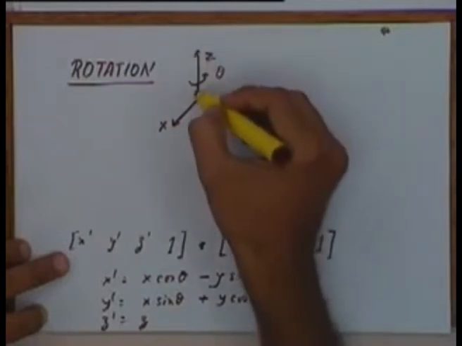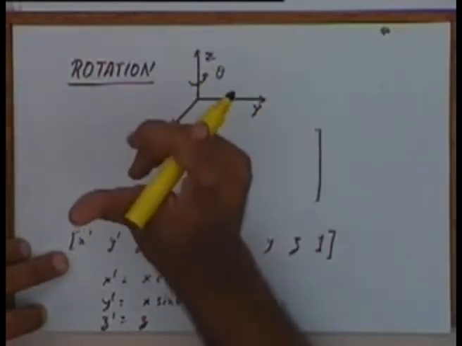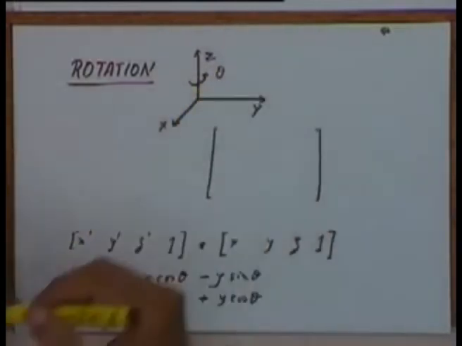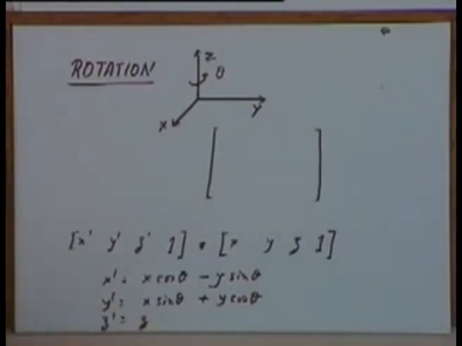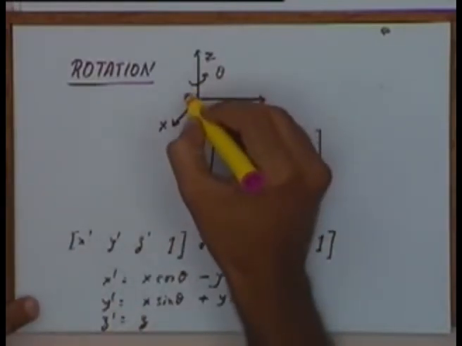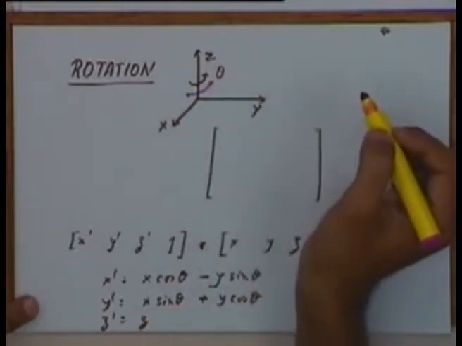The value of z prime will not change since we are rotating about the z axis. Any arbitrary point, let's say here, we are rotating it like this, the z value will remain the same.